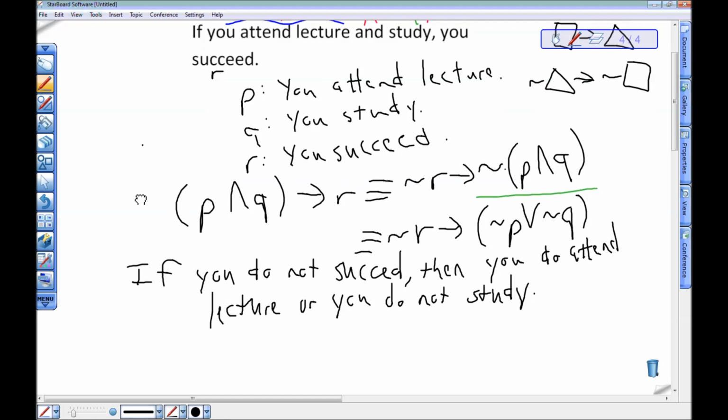So an equivalent statement to if you attend lecture and study, you succeed, is if you do not succeed, then you do not attend lecture or you do not study. Okay, there are three examples of uses of De Morgan's laws, how we can use them to simplify statements.